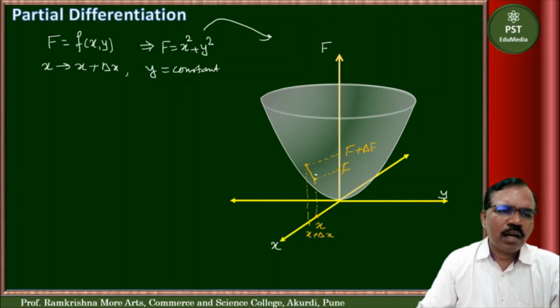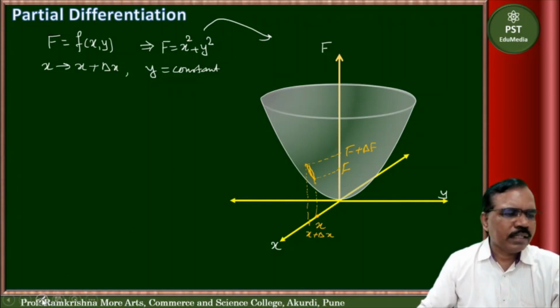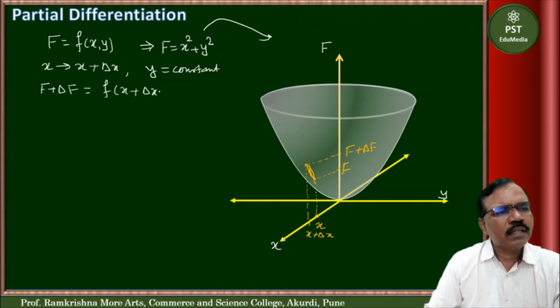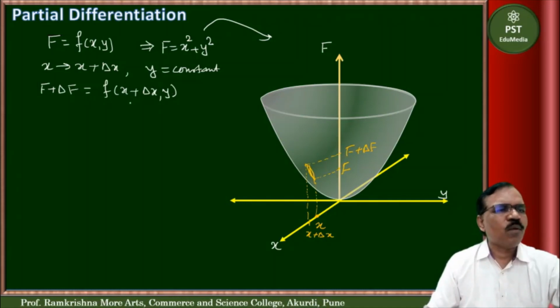Now along this change, suppose y is constant, then we write here f plus delta f is equal to f of x plus delta x comma y.